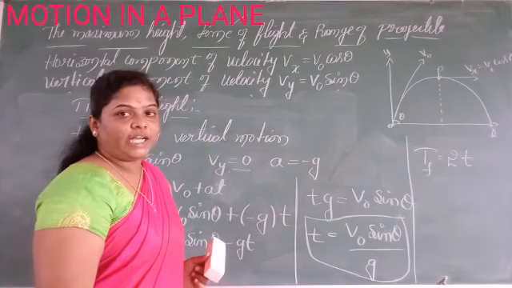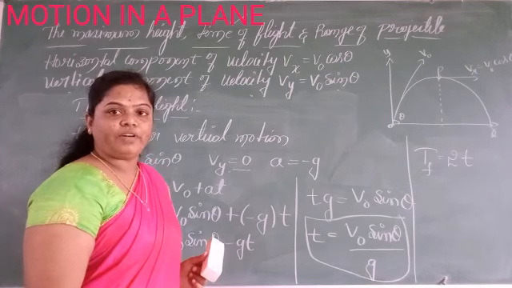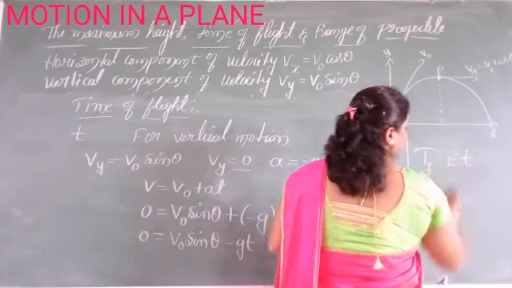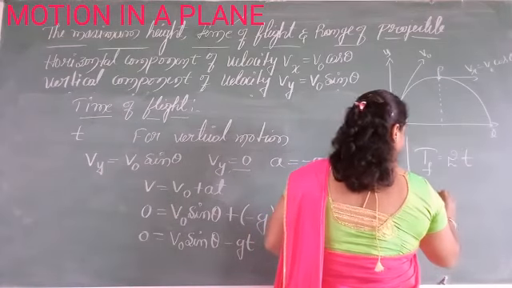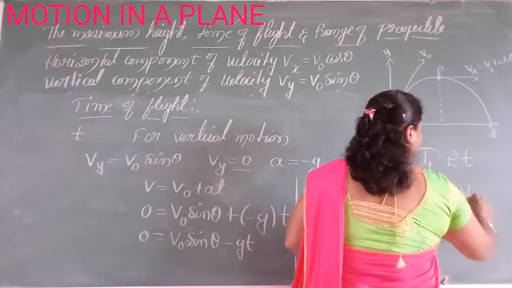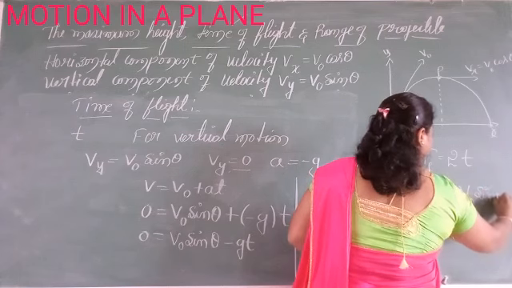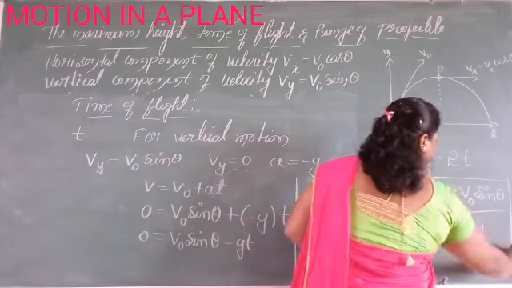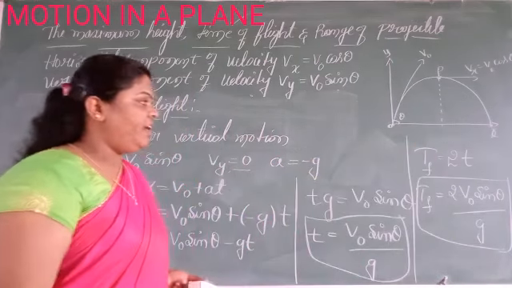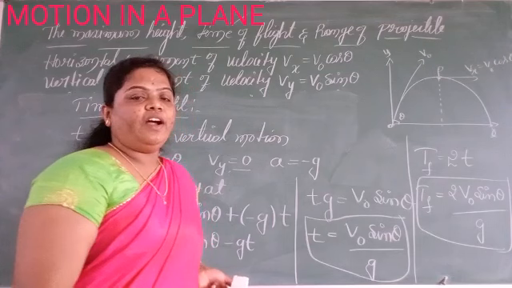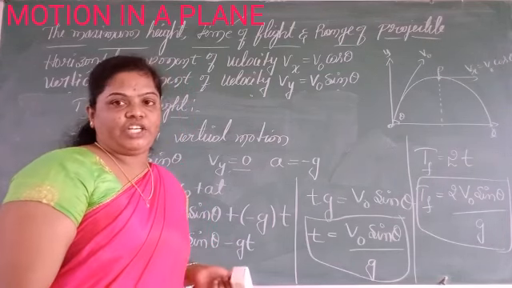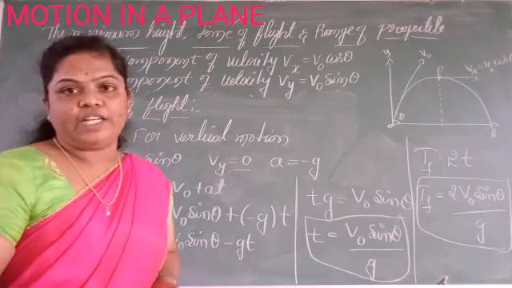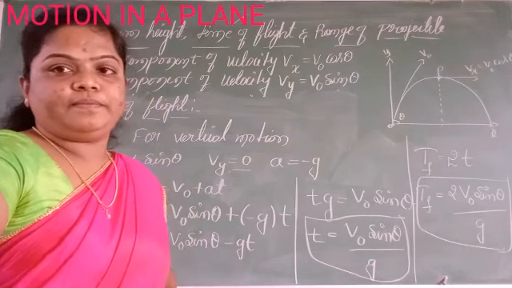We know that the time of ascent is equal to the time of descent. What we need is the total time, so we do 2 into t. Then Tf is equal to 2 v naught sin theta divided by g. So this is the expression for the time of flight. v naught is the initial velocity, g is the acceleration due to gravity.